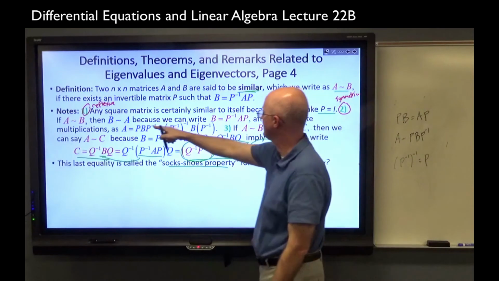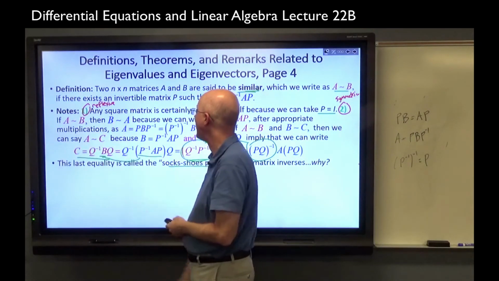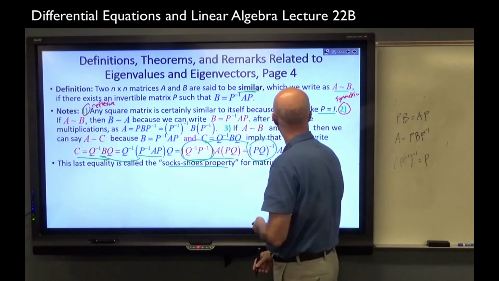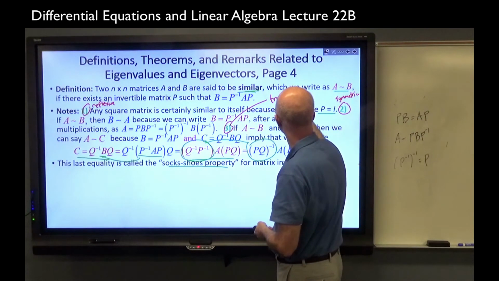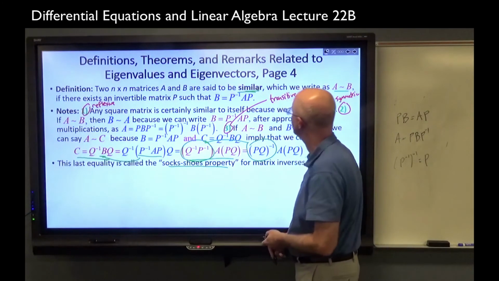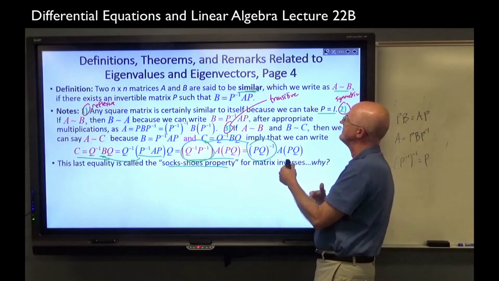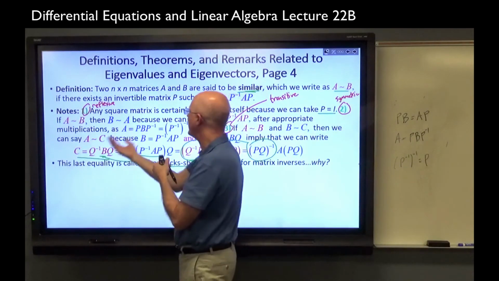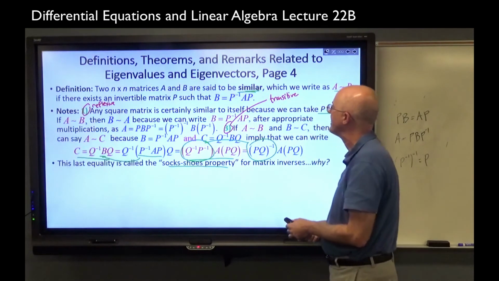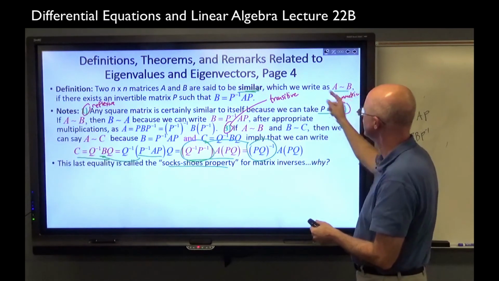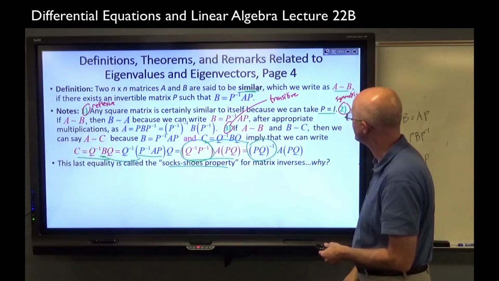If A is similar to B, then you can, by symmetry, so to speak, say B is similar to A. And the last property is called the transitive property. If A is similar to B and B is similar to C, it's transitive. It translates, you might say, to A being similar to C. And those names, reflexive, symmetric, and transitive, go in alphabetical order, which is very fortunate, because it helps me remember them.